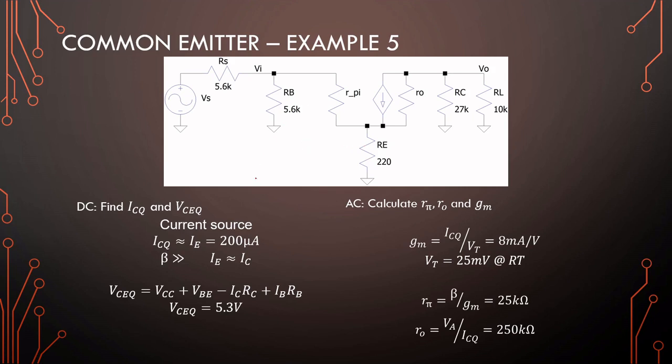Okay, so current source bias 200 microamperes, and this will be much closer in the simulations. You will see Q point 5.3 volts, and these values will now be a little bit more exact.